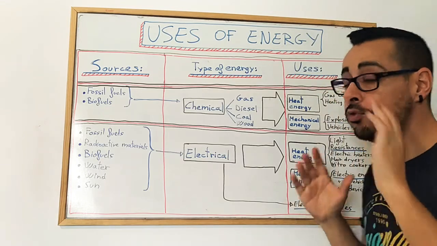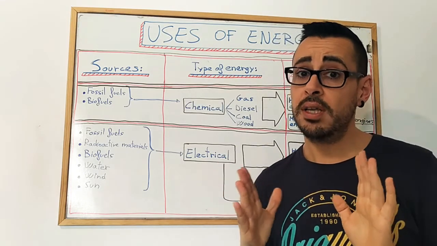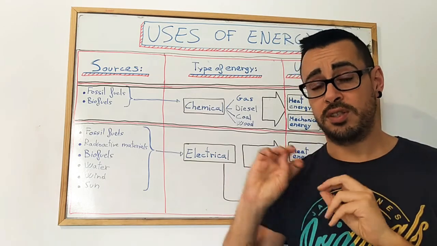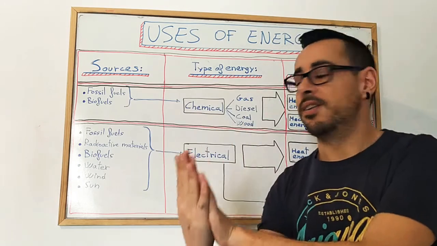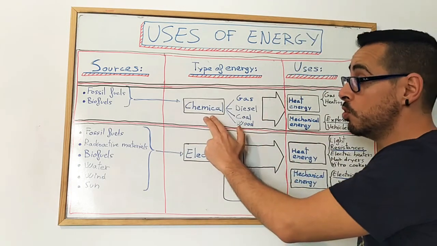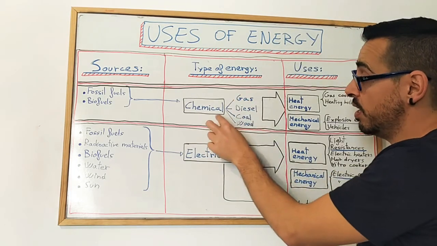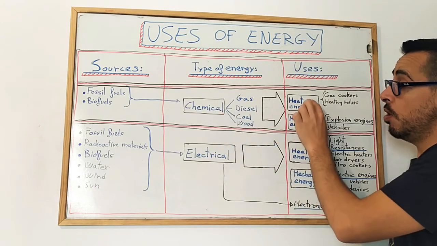So, you have to take into account that energy never appears or disappears. Energy transforms. Energy always transforms into another kind of energy. So, when we use chemical energy as these fuels, we transform it into heat.